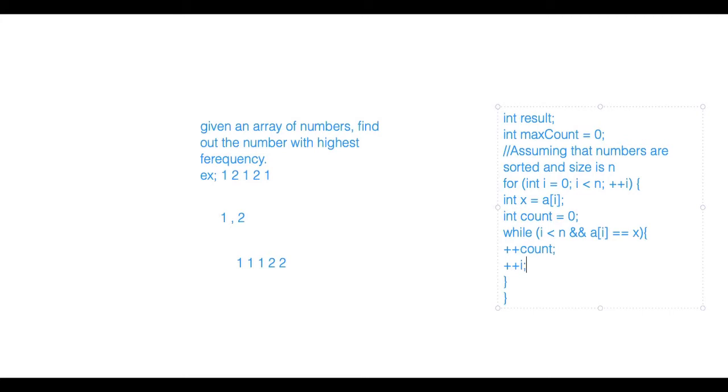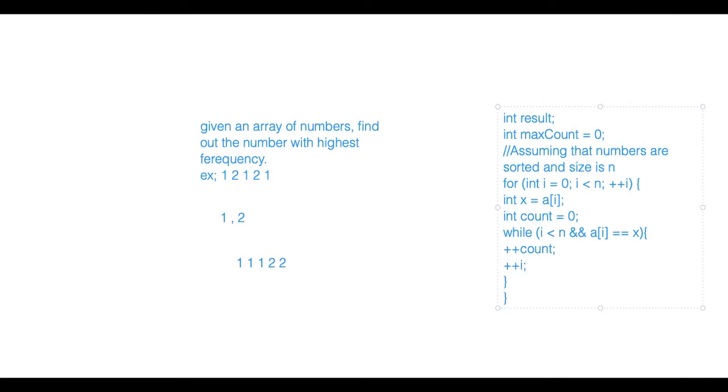We are traversing the array, and then creating another loop where we traverse as long as we are hitting the same number. X is the number we are on, and for every unique number we are defining a count.